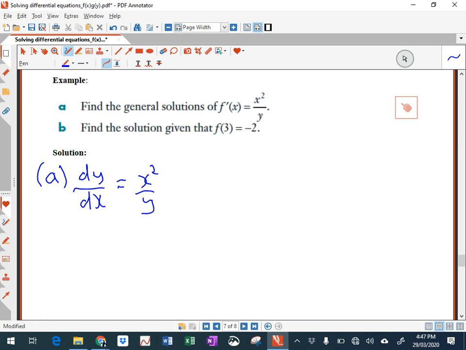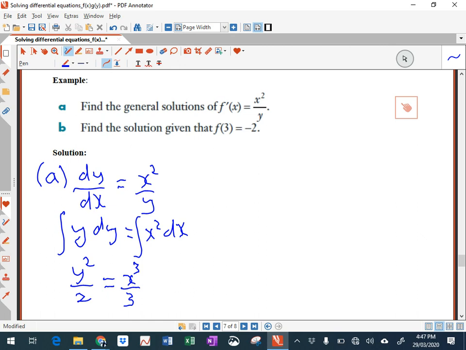Okay, so let's just cross multiply. So you're going to get y dy equals x squared dx. Okay, and then integral signs there. And then you're going to get y squared on 2 equals x cubed on 3 plus c. Now I could have done a plus c on the left-hand side. Doesn't matter. You just need one constant, that's all.